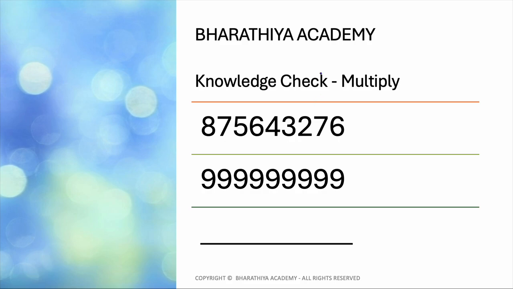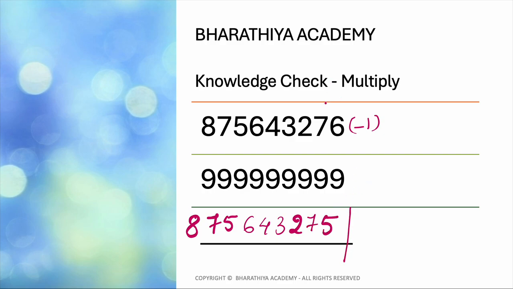Okay, so I hope you have tried it on your own, and now let's discuss the answer. For part 1, we will just subtract 1 from this number and write it. So it is 875643275. Okay. For part 2 of the answer, we will write 10 on top of the last digit, 9 on top of the remaining digits, and subtract, right?